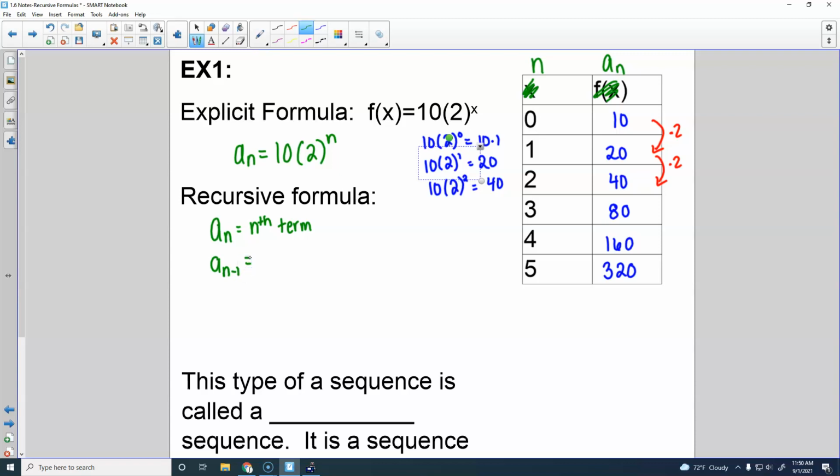And n here is just a number. So if I have a sub 5, it means the 5th term. If I have a sub 4, it means the 4th term. So a sub n minus 1 is whatever nth term I have minus 1, which means it's the term that comes before n, right? It's 1 less than n. So it's the term before a sub n.